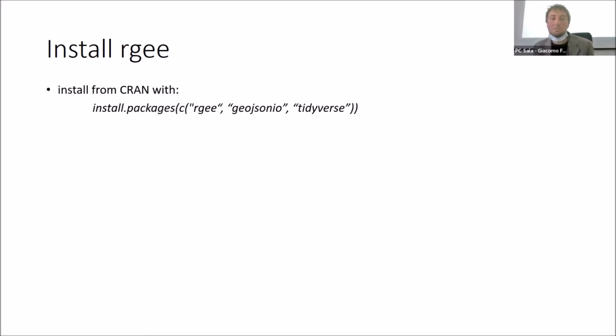So first of all, you have to install the package RGE together with some dependencies, some additional packages which are required, and you can do this with install.packages. Once you have done that, you will have to load the RGE package the usual way you load a package in R, which is with library and the name of the package, in this case RGE.